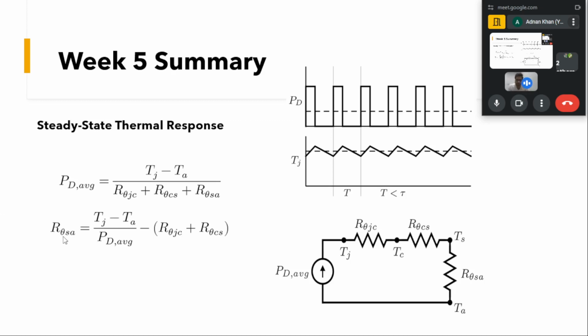That will be given by R theta SA equal to Tj minus Ta divided by Pd, minus these resistances. If all of these values are known to us, then we should be able to calculate the thermal resistance of the heat sink, and then we can look for a particular heat sink with that thermal resistance. How that is done, we shall go through in the questions, and you will see how we choose that heat sink for a particular device.